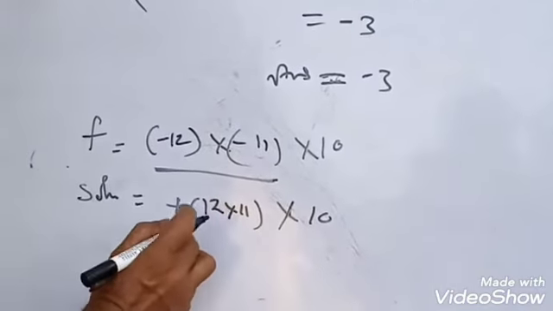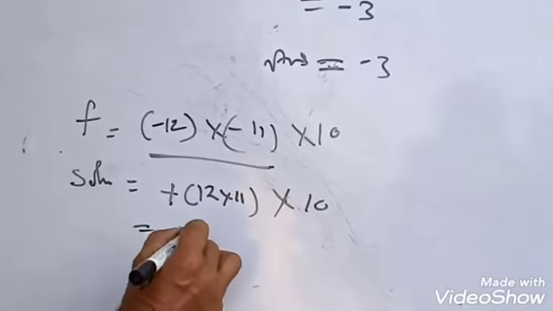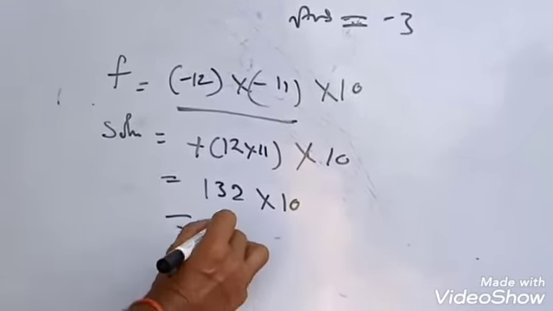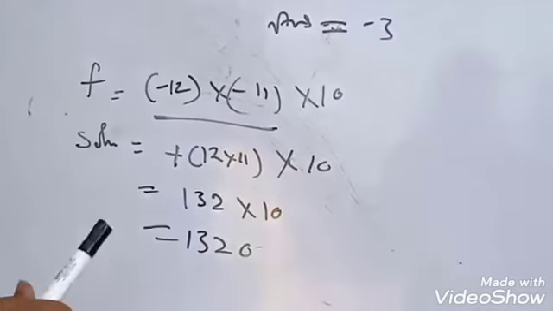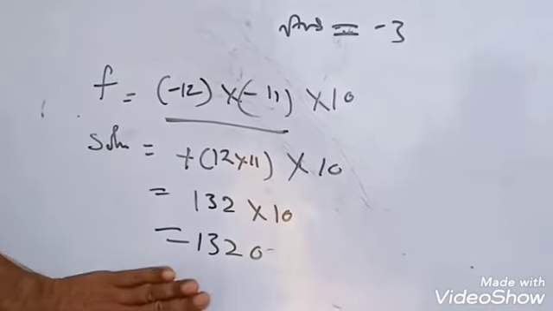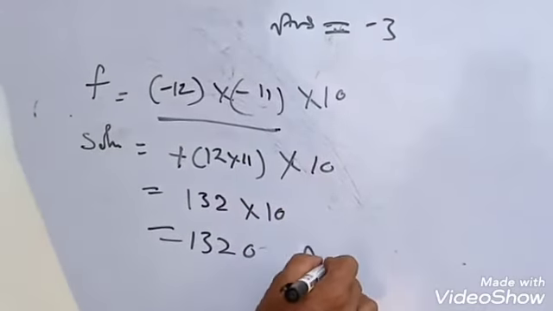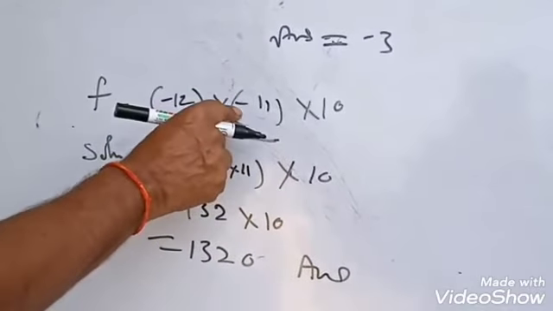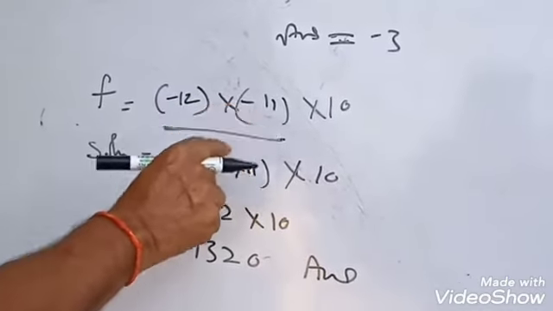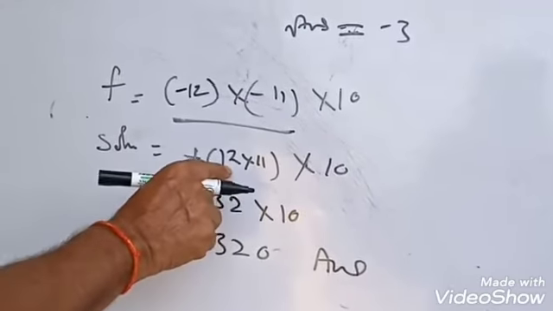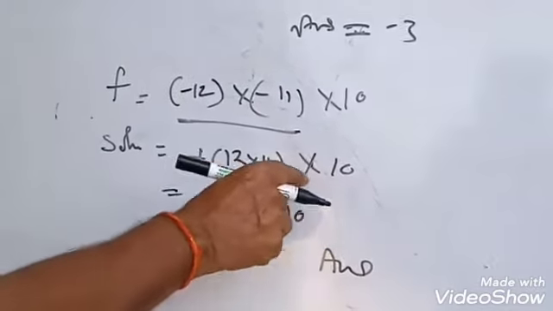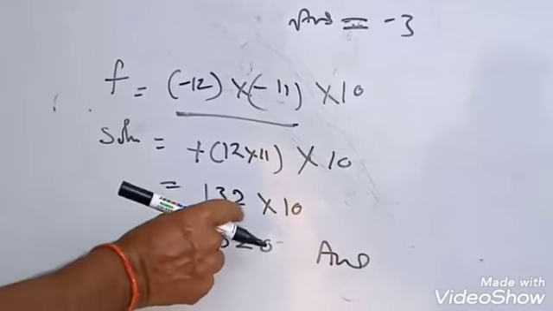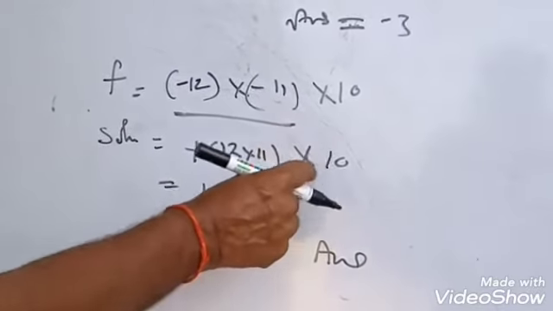Now 12 into 11 is 132, and 132 into 10 is equal to 1320. This is the answer. These two negatives are even in number, so the minus becomes plus.